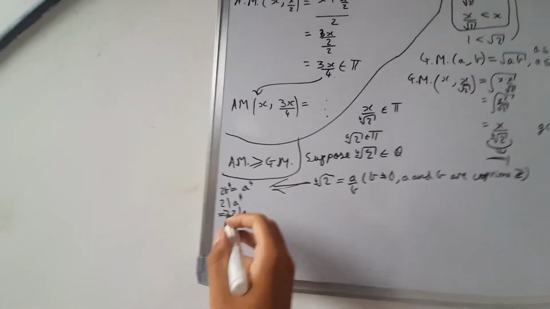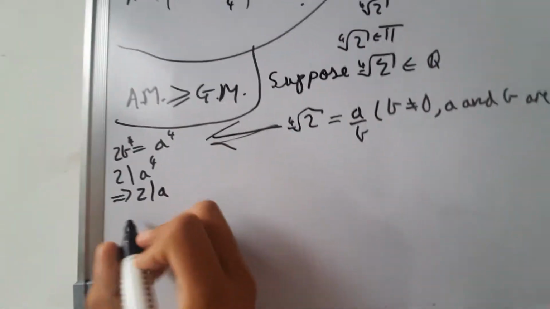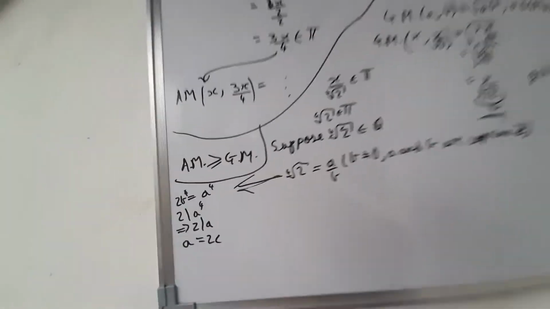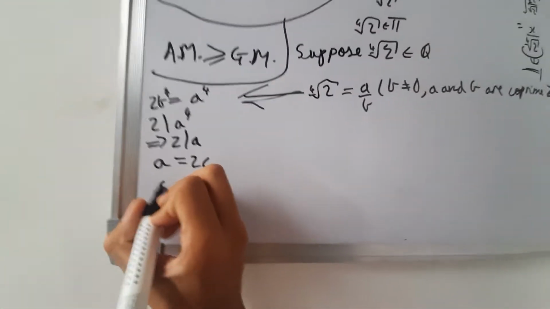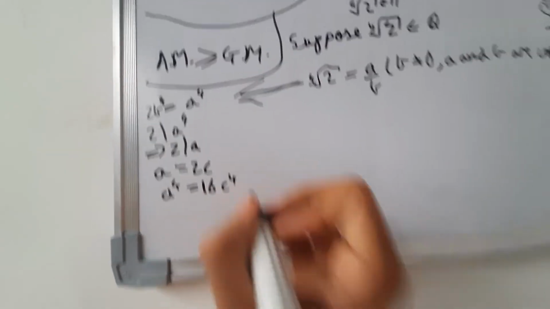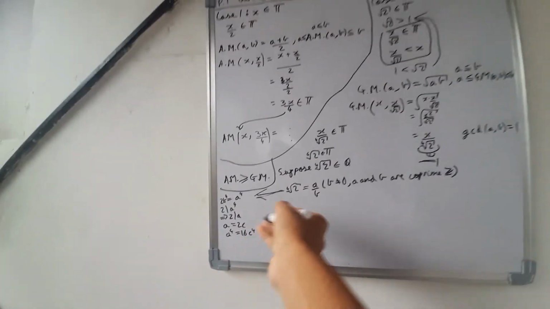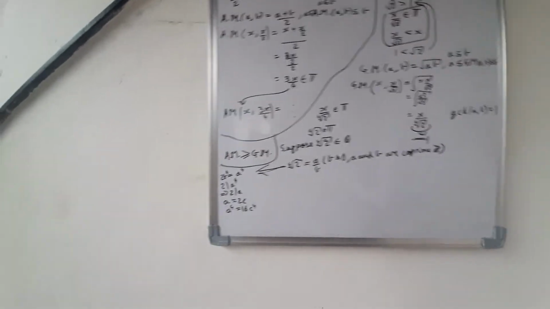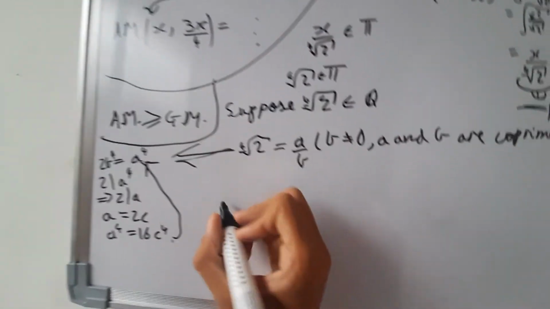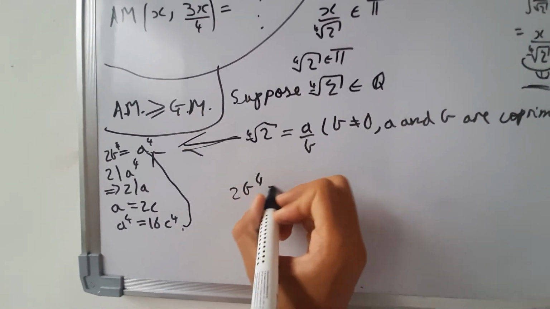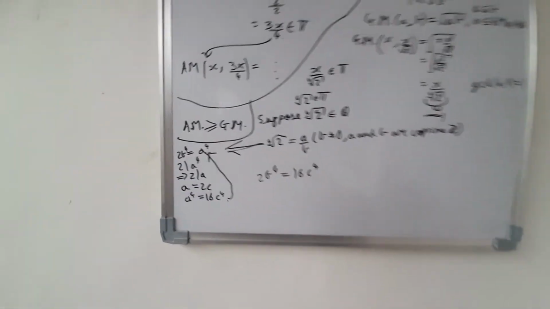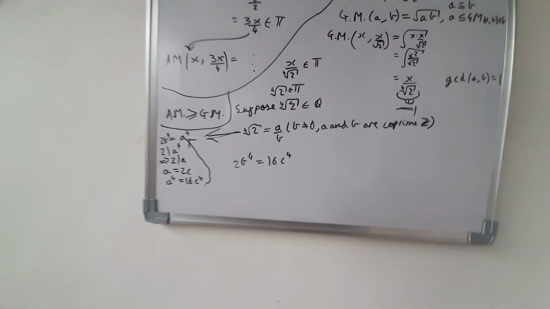So we've proven that. That means we can write a as 2c. Now we take the fourth power on both sides, and we get 16c to the fourth, that's 2 to the fourth times c to the fourth. Plugging this back in, we get 2b to the fourth is equal to 16c to the fourth. Yes, that's true.